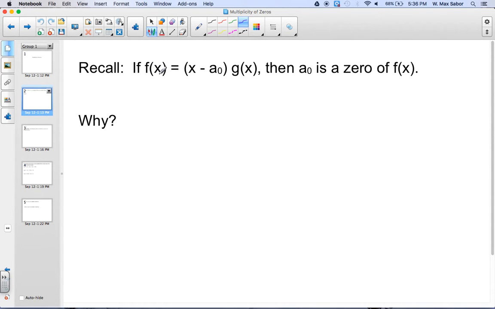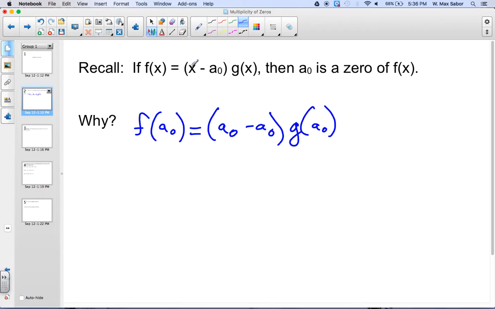First of all, remember that if this function has a factor of x minus some a naught, so this is x minus a naught times g of x, then a naught is a zero of f of x. Why is this true? Well, f of a naught will be a naught minus a naught times g of a naught.